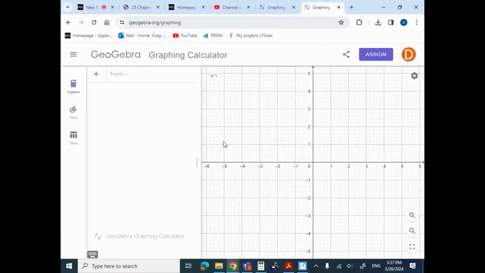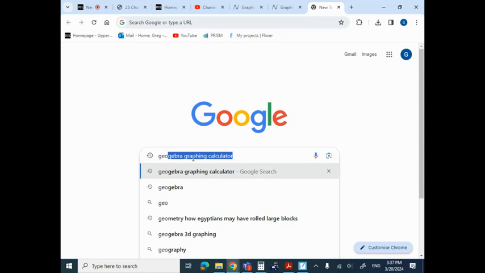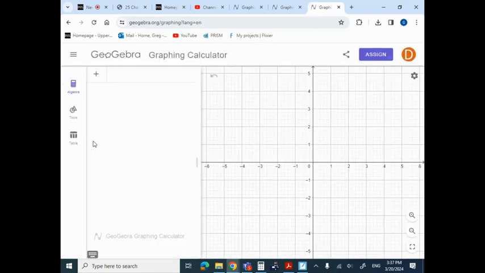Right, so this is the one I was going for. Okay, so just Google GeoGebra. Now mine knows me well, so it says, hey, do you want the GeoGebra graphing calculator like you did last time? But just load it up. There you go. Okay, so that's the program we're going to use.